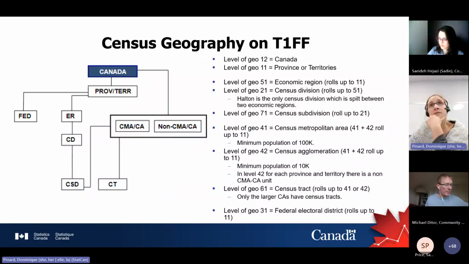I'm just going to mention here that these census geographies are updated on a 5-year basis. Every time the census comes out, the TIFF updates the process so that it reflects the most recent geography available. So starting with 2021 TIFF data, we were using the 2021 census geography or standard geographical classification.